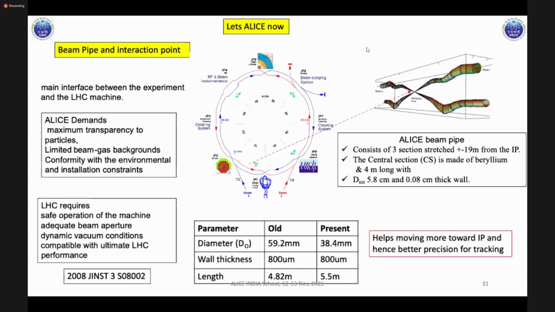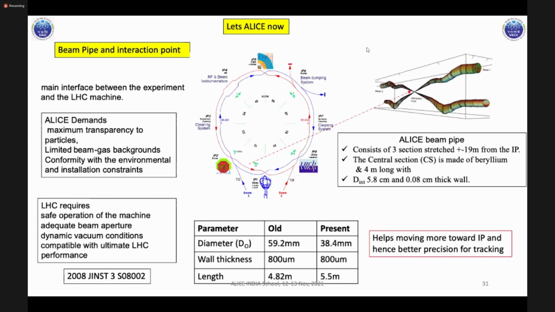Now, when you are looking at the beam pipe, there are two requirements. One requirement is from the machine which is delivering the beam. Another requirement is from the experiment you are designing. ALICE demands maximum transparency to particles, so the beam pipe should not be made of very dense material. The least dense material is beryllium.